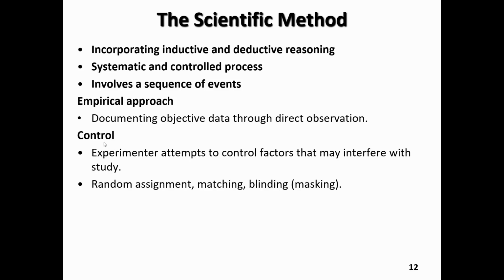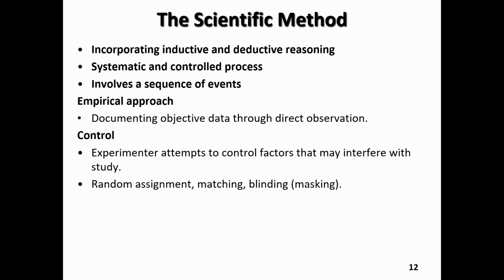And so, as indicated, the concept of control is a general concept that can be implemented a number of different ways in an experiment. Some of these ways include randomly assigning different cases in a research study to different conditions, matching different groups based on some characteristic that the researcher defines, or a concept called blinding or masking.